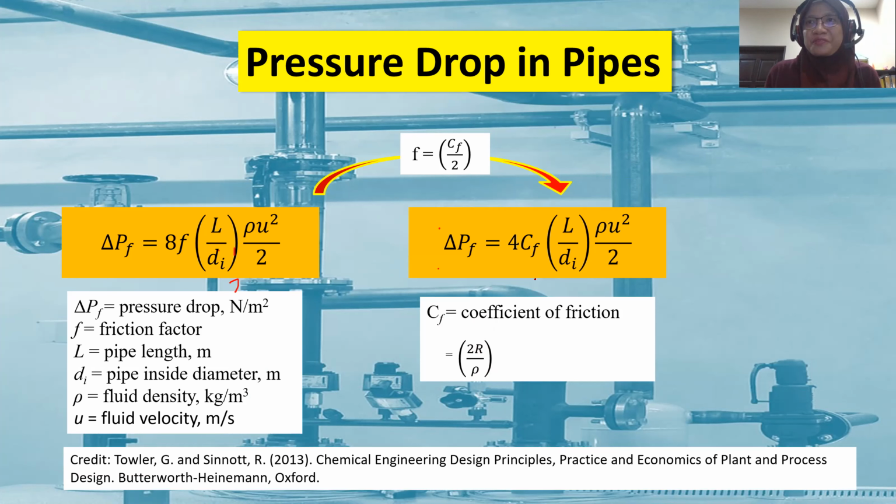I have difficulty finding the point of my pen. Okay, this R is the shear stress at the pipe wall.